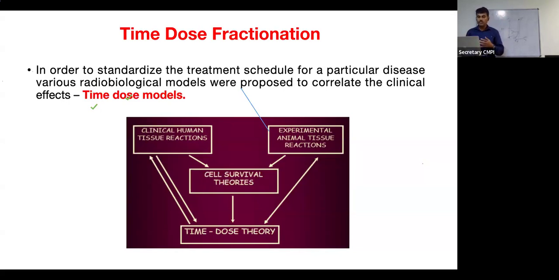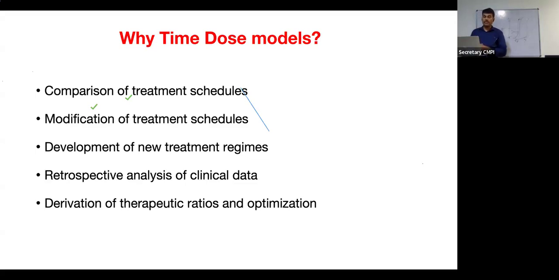These are all taken, and time dose theory has been developed. Of course, the cell survival data was not taken for the initial concept, but now it is being taken very clearly.